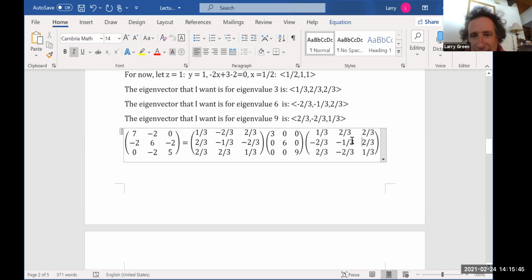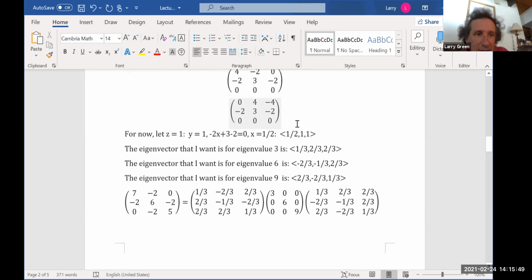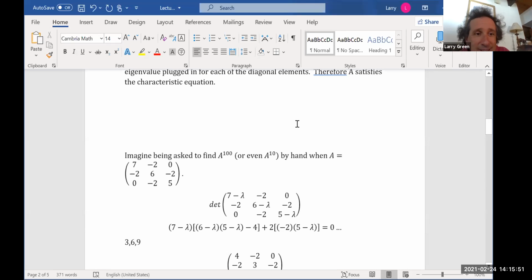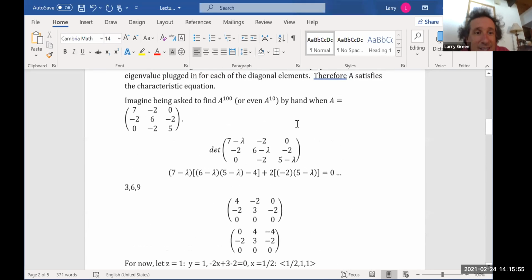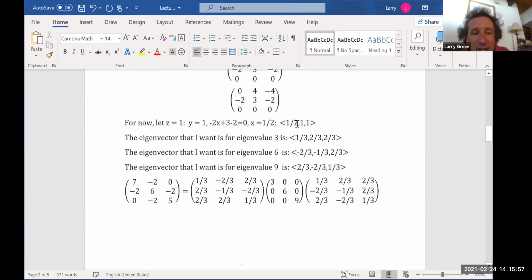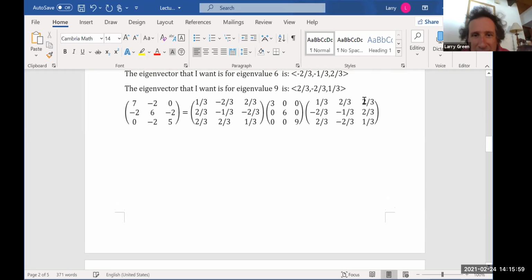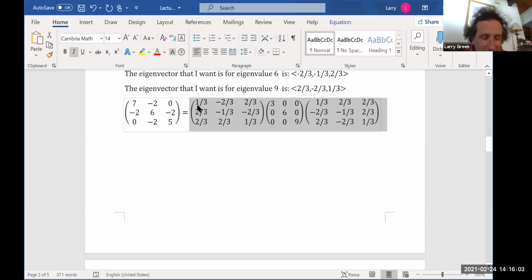Okay, then I wonder if I can get rid of some of this. Yeah, I need space. So I want A to the 100. To get A to the 100, the idea here is I can use a theorem that says, what do I do now?